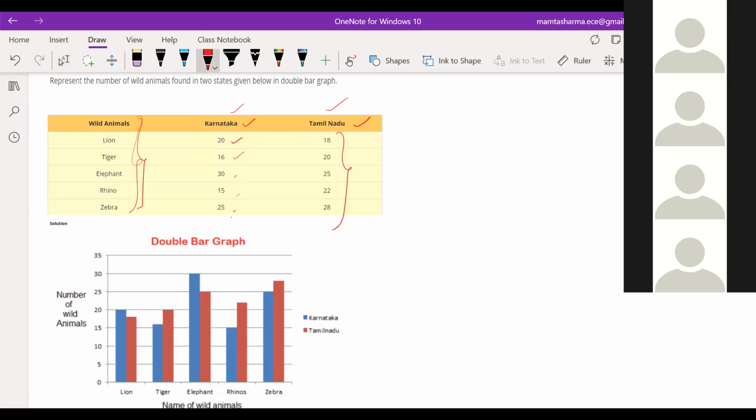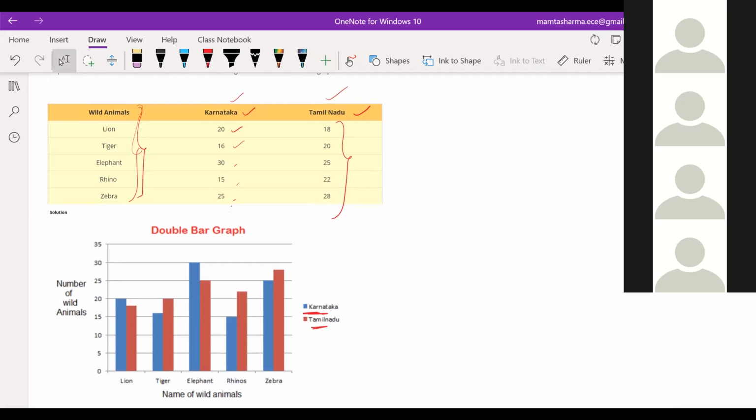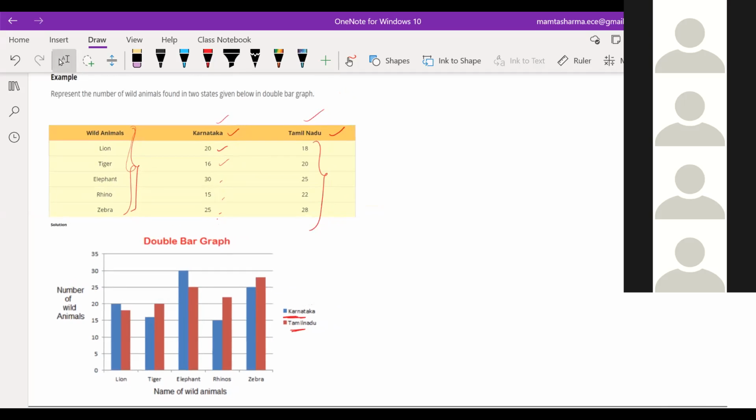Now take bars of different colors, in which the blue one shows the Karnataka data and the red one shows the Tamil Nadu data. After plotting this bar graph, you can compare the data easily. Is it okay for all?